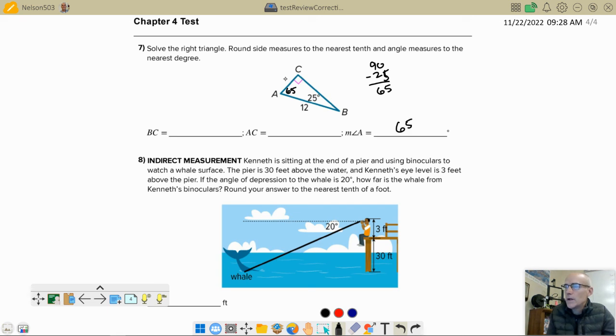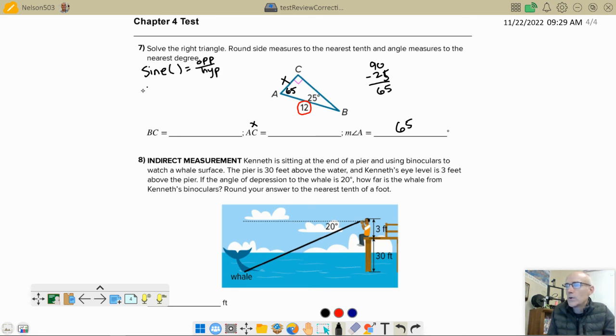And then to find, let's say, AC, so I'll call X for AC, that would be the opposite leg over the hypotenuse. This is the hypotenuse down here. Quite often I circle the hypotenuse with a red circle. And so if I come back to this and I'm going to go opposite over hypotenuse, that's sine, right? Sine of an angle equals the opposite leg divided by the hypotenuse.